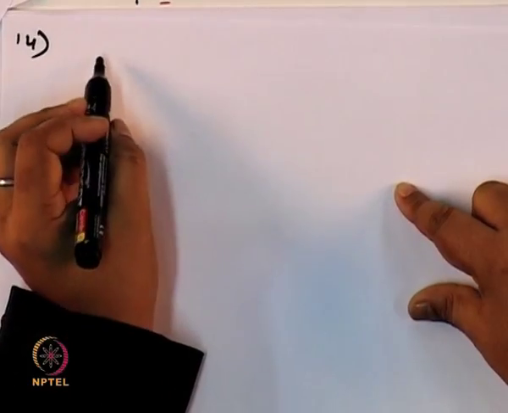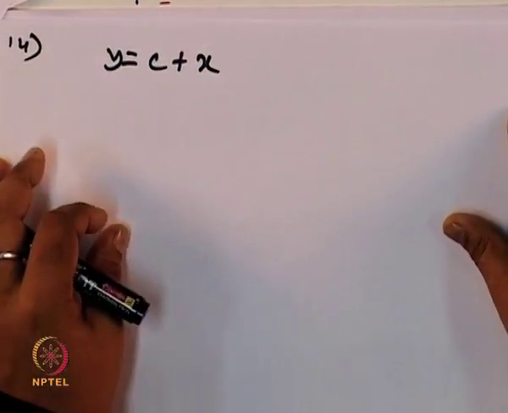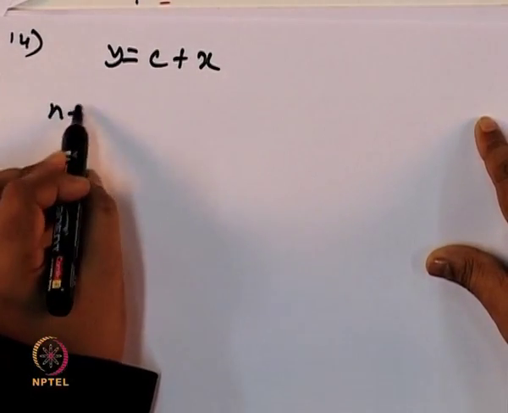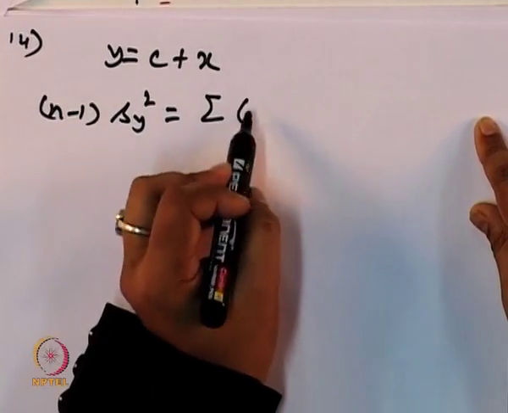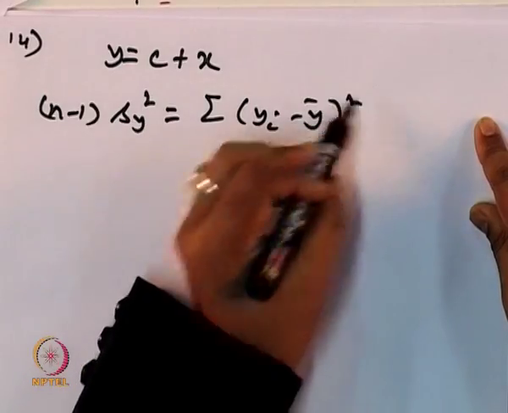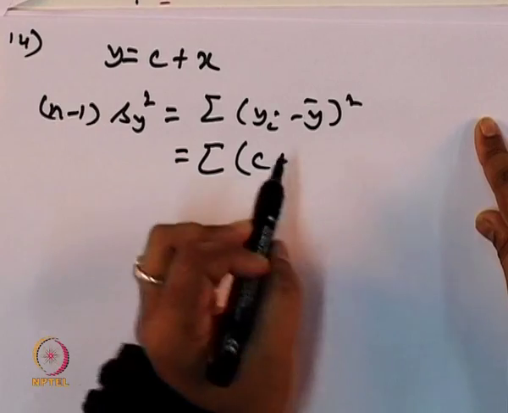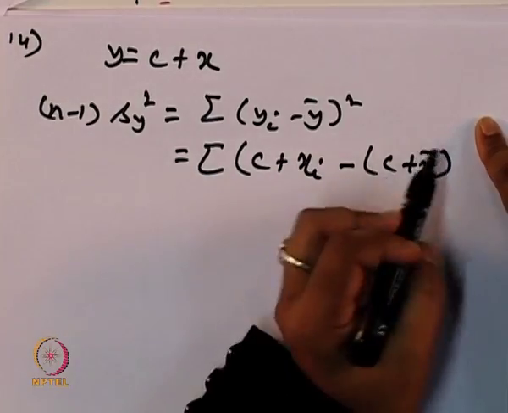For this particular case, let us say if my y is defined by c plus x, then similarly I can write, n minus 1 into sy square is equal to summation yi minus y bar whole square. But you see in this case yi is c plus xi and y bar is c plus x bar.